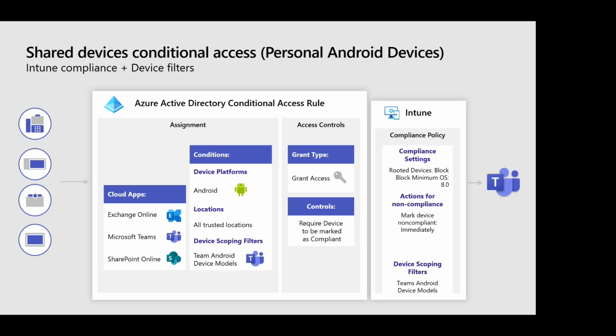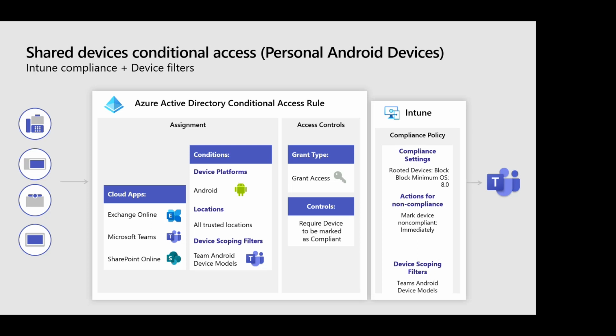So this could be an example of a configuration for Teams certified IP phones or Teams displays, similar to the previous shared Android devices example, except in this case, these aren't going to be in a shared devices AD group, but we're still filtering against particular Android device models, and we're still requiring the devices to be marked as compliant.